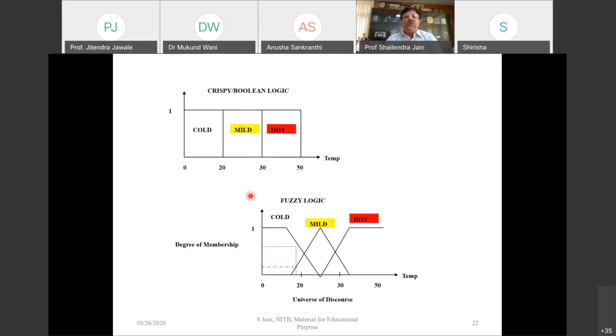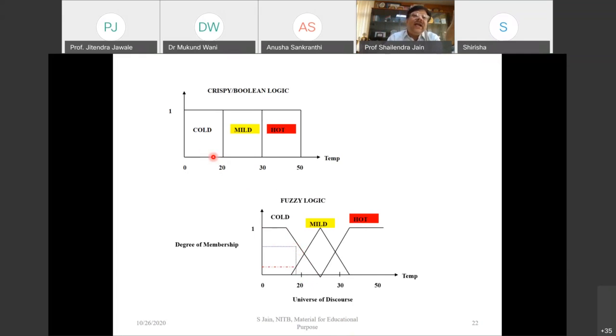So let's see, what do we do? In fuzzy logic, basically we use smooth boundaries to represent the parameter. So cold here can be defined up to some degree. Let's see, at 10 or 12 degrees it is cold, but as the temperature increases, the degree of coldness keeps on decreasing. So maybe 20 degrees, which is 100% cold here, 19.90 is basically some degree cold, but at the same time some degree mild.